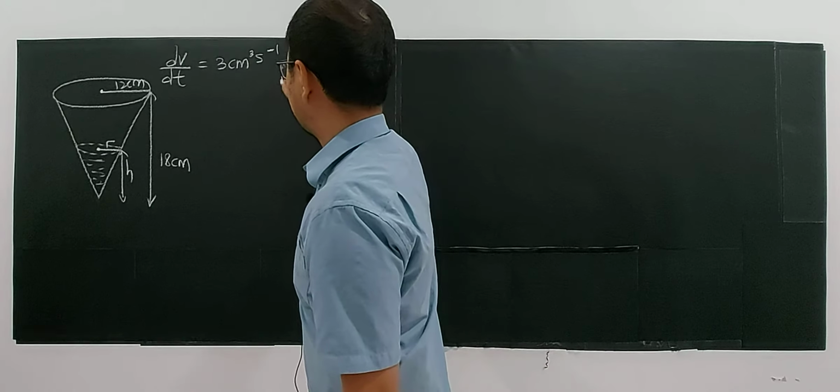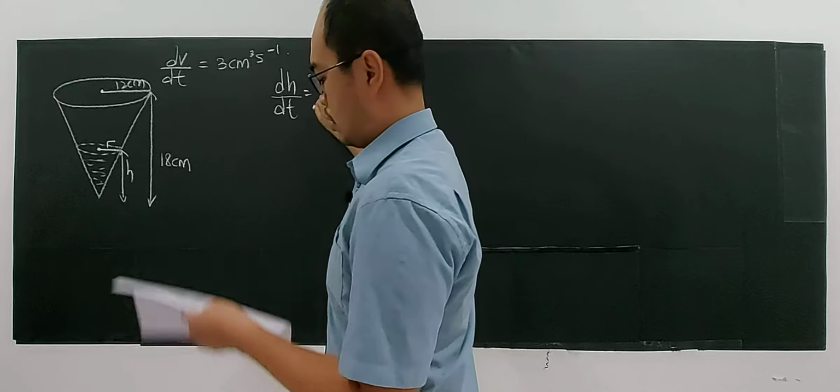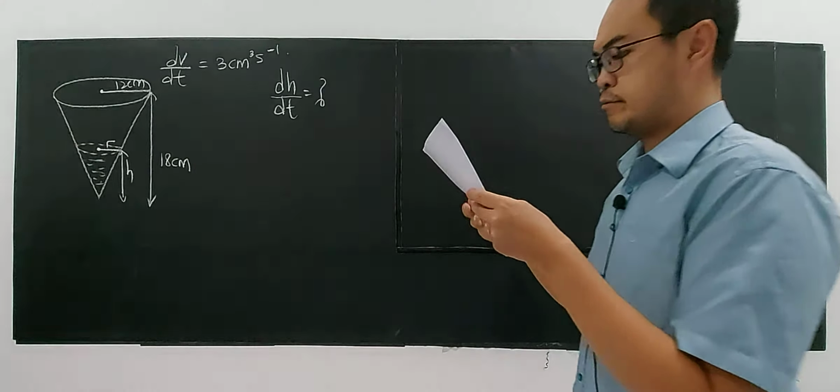So they require you to find dH/dt, the rate of increase of the water level.